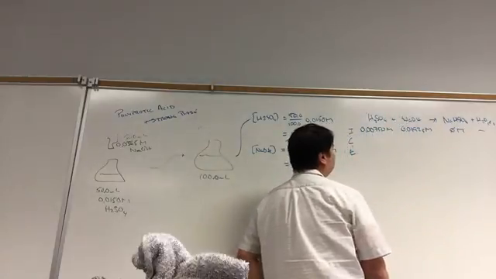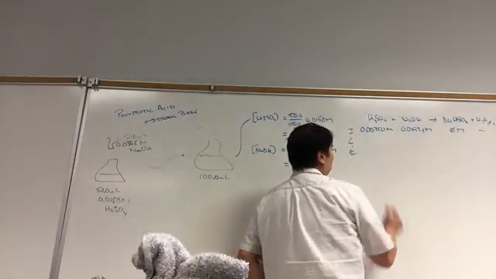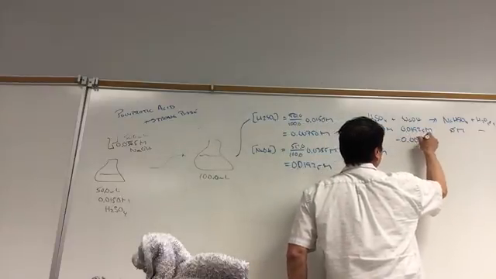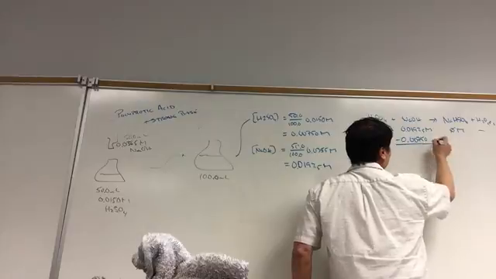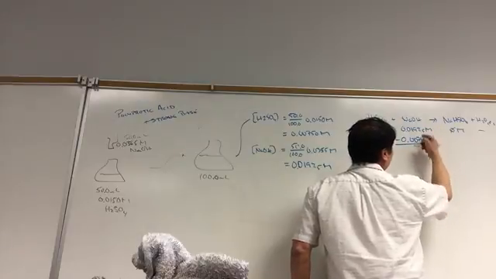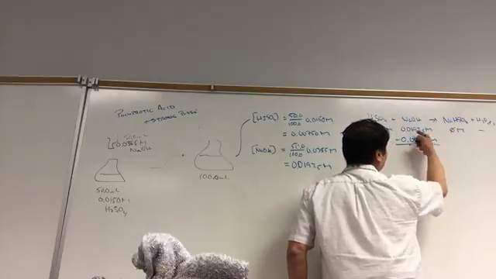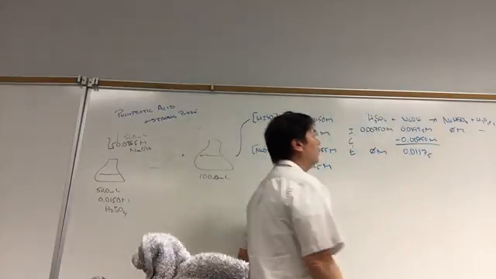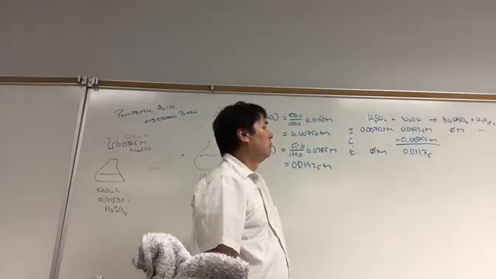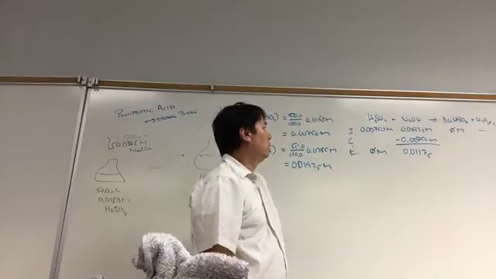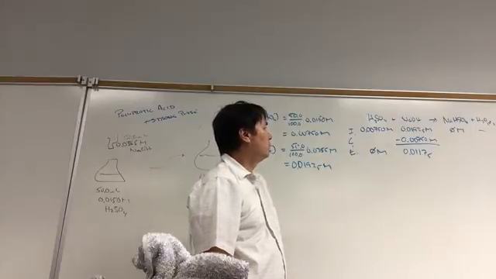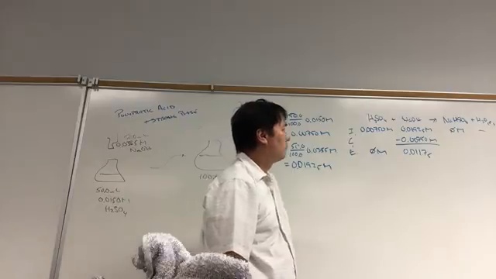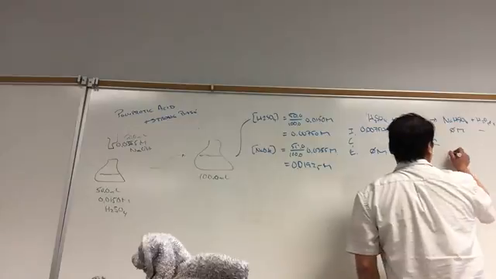What's the limiting? H2SO4 is the excess, 0.00750, which is 5 times 7, 8, 1. Wait, how come? I thought the NaOH was limiting. Yeah, we have excess NaOH here. Okay.